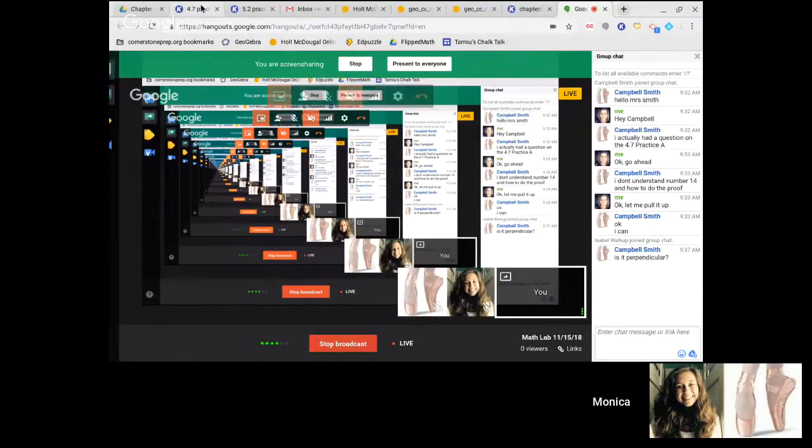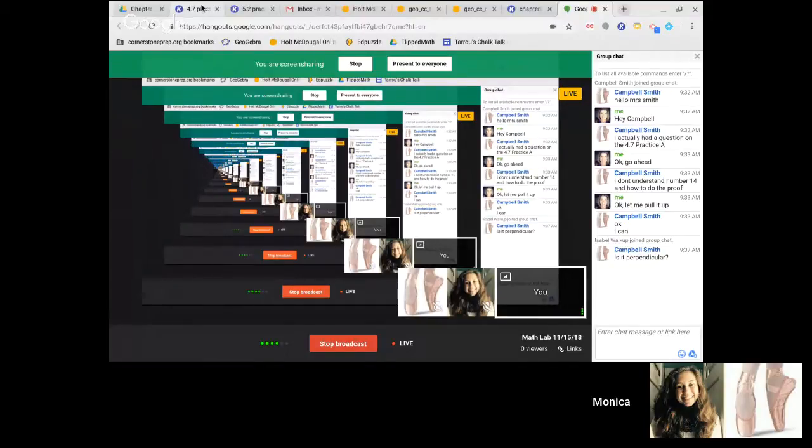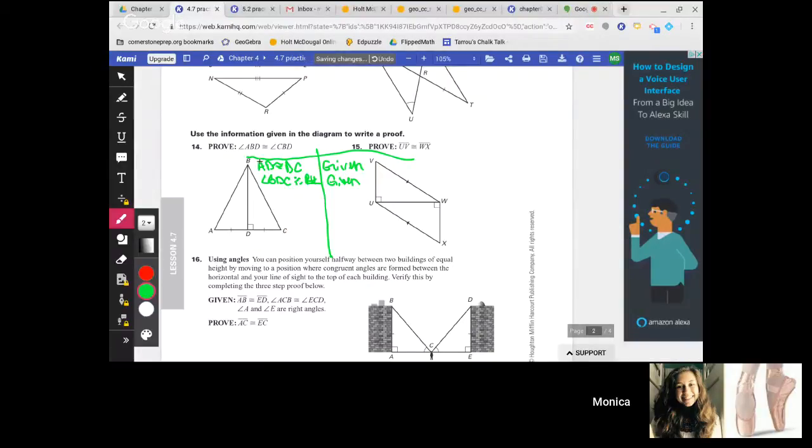Okay, we do know that it's perpendicular, but what do we know about the other angle there? This angle here. We'll know that ADB is congruent with CDB. And that's because all right angles are congruent.